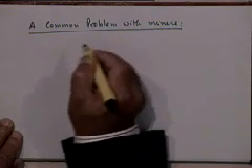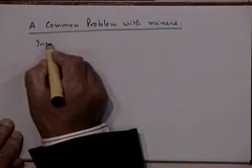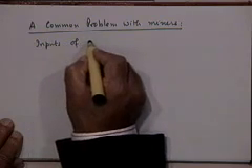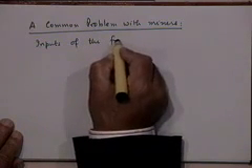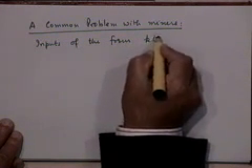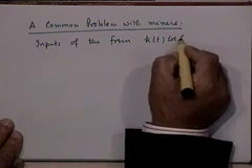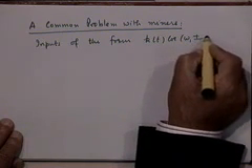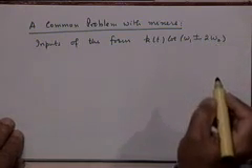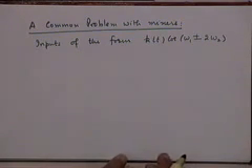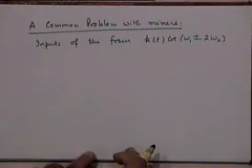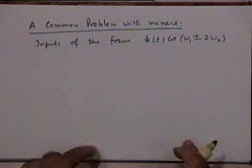This problem is the following: inputs of the form k(t) cosine omega 1 plus minus 2 omega 2, here I had taken the mixer frequency, the local oscillator frequency, to be omega 1 plus omega 2. If I had taken omega 1 minus omega 2, then the image frequency would have been omega 1 minus 2 omega 2, right? Basically the sign would be the same.